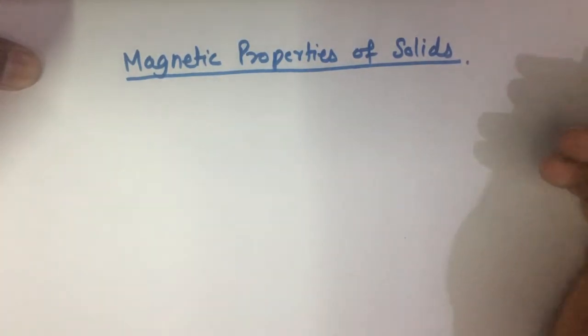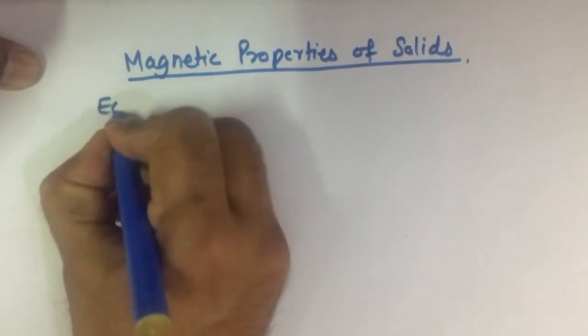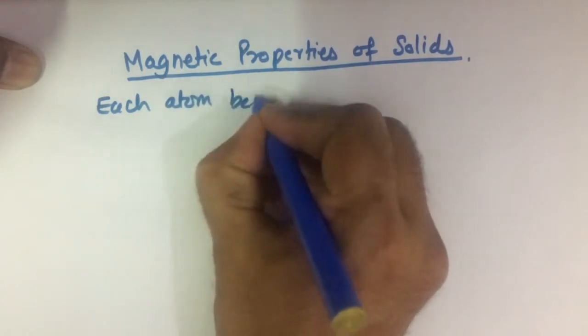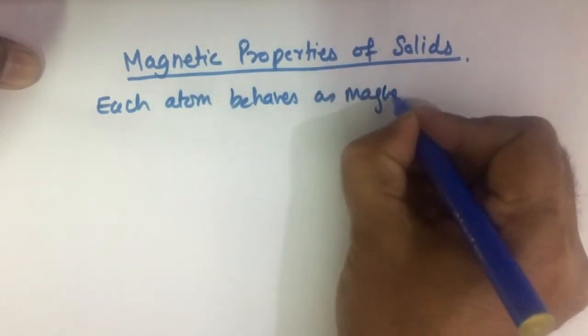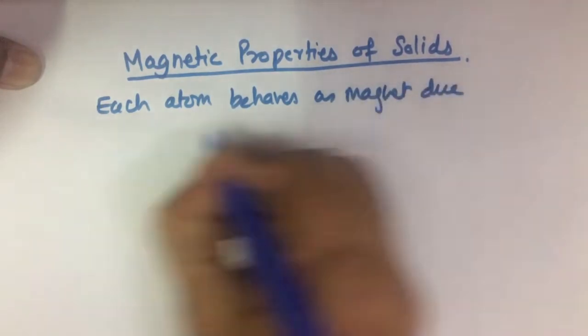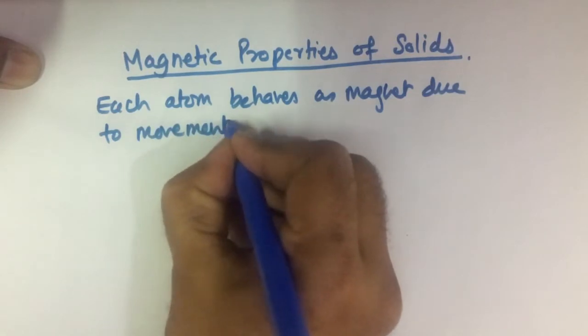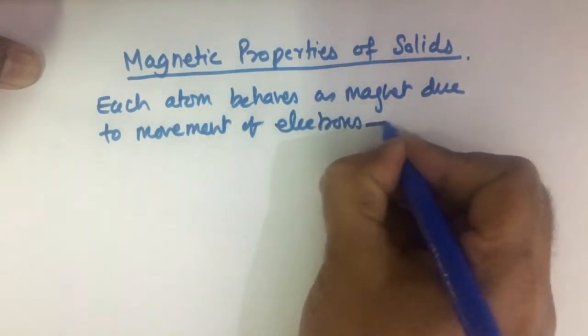Now each atom behaves as a magnet due to the movement of electrons.